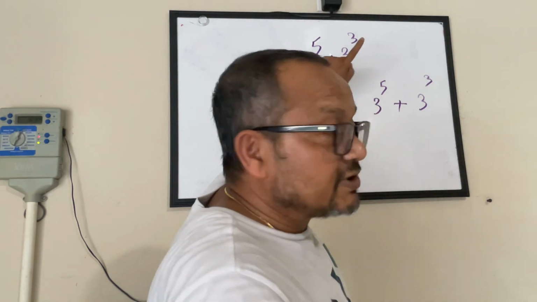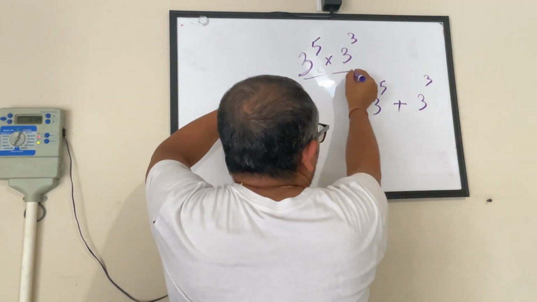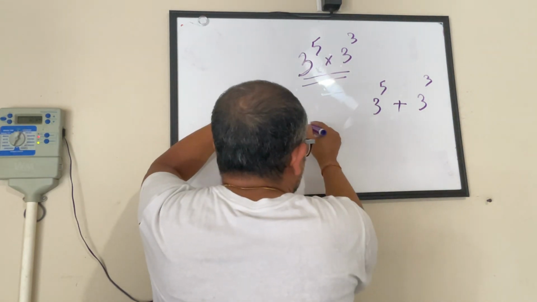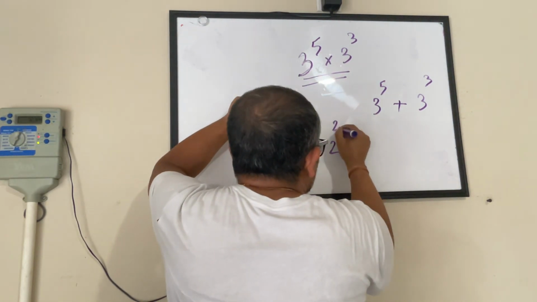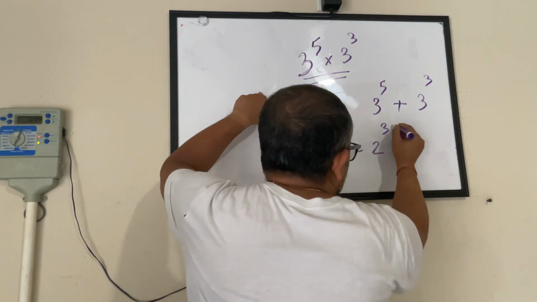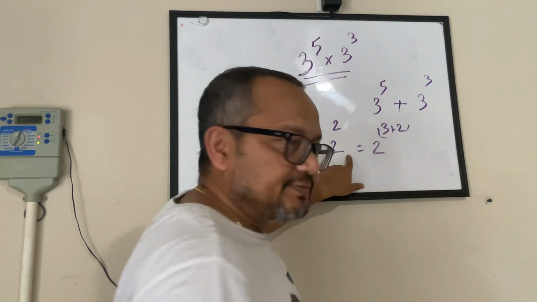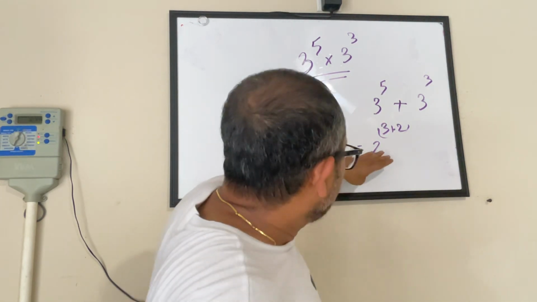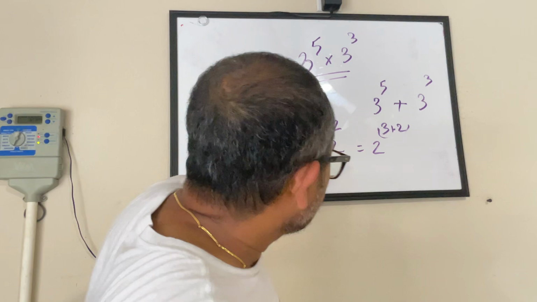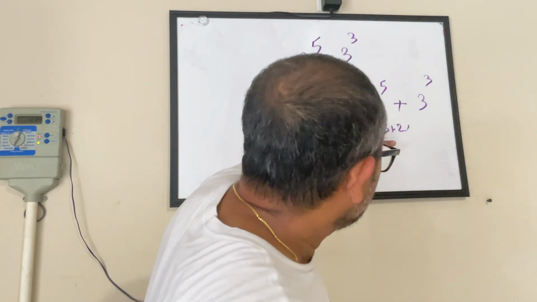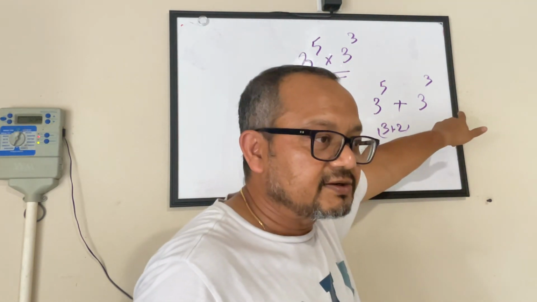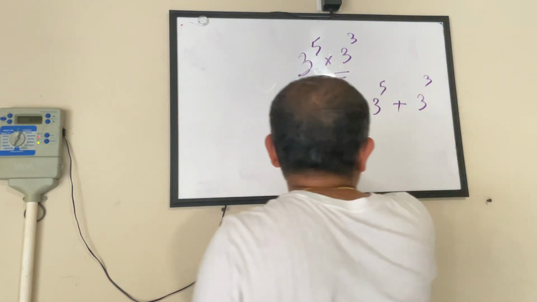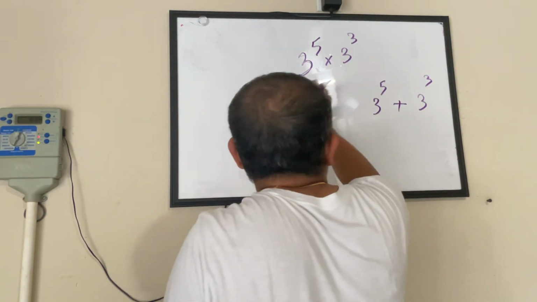So whatever you were saying will be perfectly fine when we do this. Because if you do 2 to the power 3 into 2 to the power 2, it becomes 2 to the power 3 plus 2. This part is okay. This is the normal exponent thing, which we are very comfortable doing, because the power gets added. Here, it's a different situation altogether. So just be a little careful there.